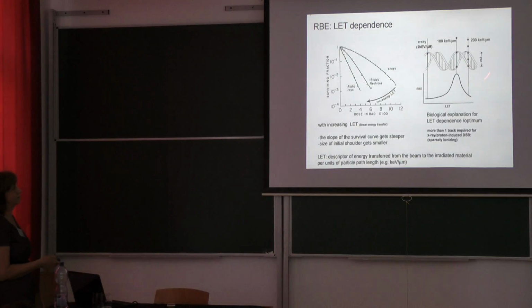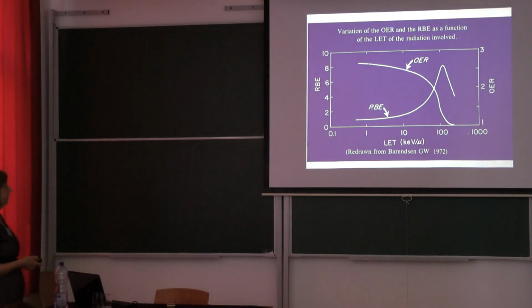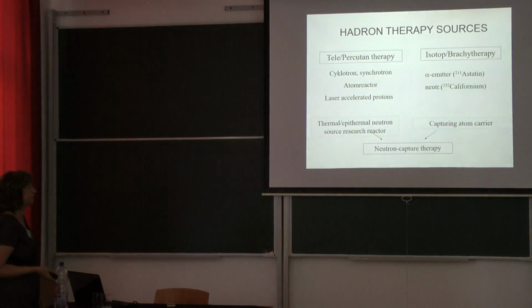You can see it in a well demonstrated drawing. What does it mean? It increases the number of strand breaks, double strand breaks in the DNA, and the oxygen enhancement is less important.